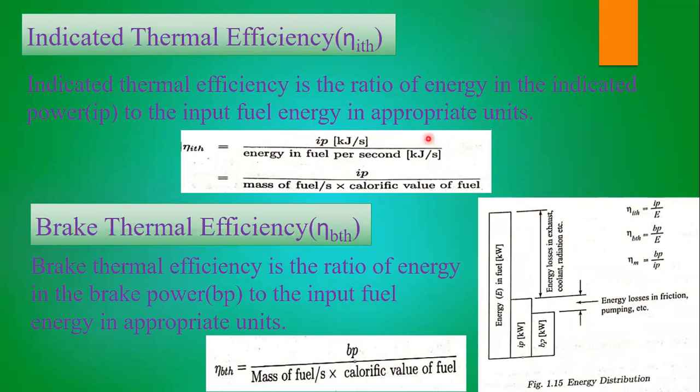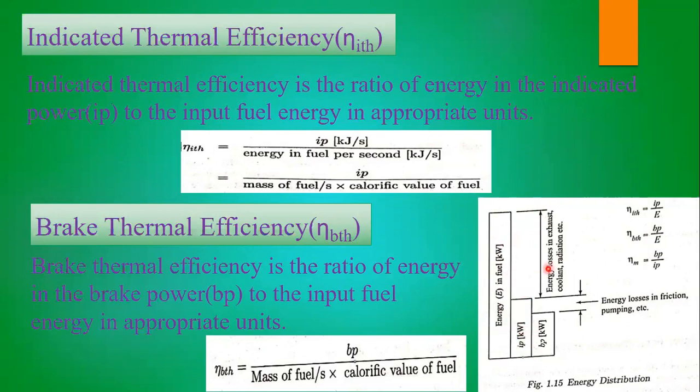That is what appropriate units means. Suppose this is the chemical energy within the fuel, and whenever it is burned, the power developed from the conversion of chemical energy to thermal energy is the indicated power.